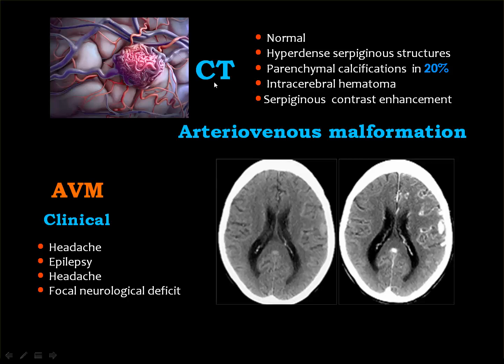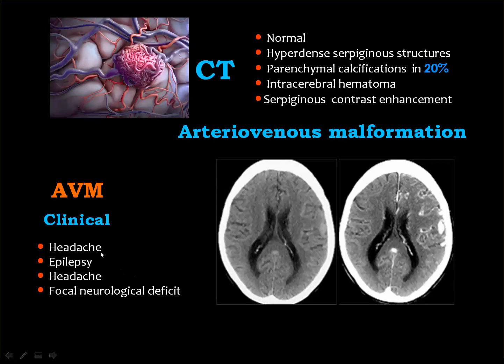If you are asked about the possibilities that you can see in a patient with arteriovenous malformation on CT scan, you say the CT scan may appear absolutely normal, as you can see here in the pre-contrast study, or you may get hyperdense serpiginous structures, or you may see calcification, or you may see intracerebral hematoma secondary to bleeding, and if you inject contrast material, you will see serpiginous pattern of contrast enhancement.